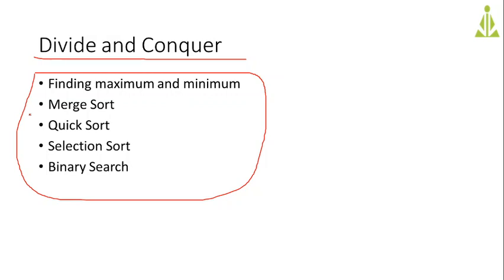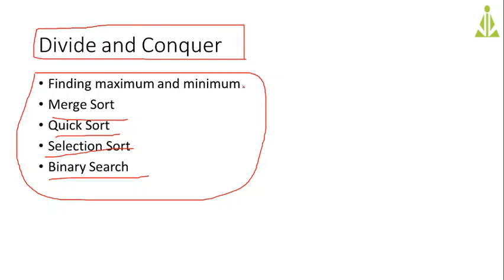Merge sort, quick sort, selection sort, binary search, the same things are there, but how they work, we will see with the help of the divide and conquer method, and we'll see the algorithms as well. So these are the things we are going to learn in unit 2.